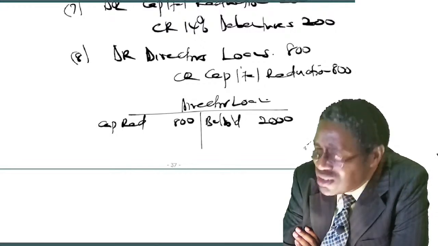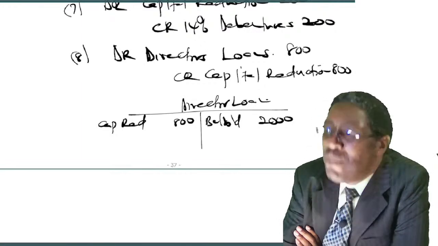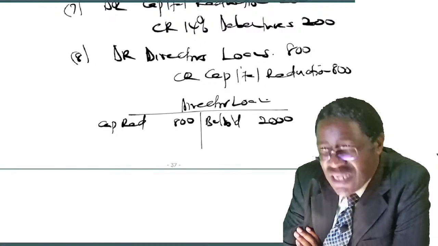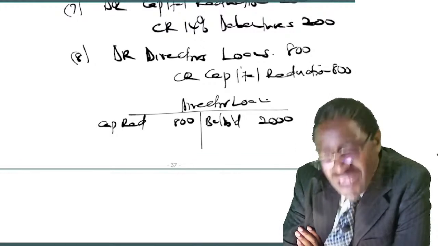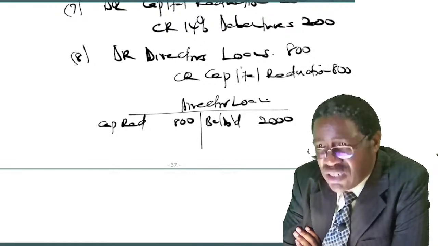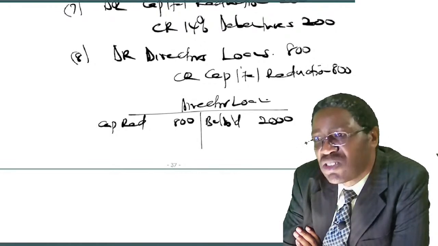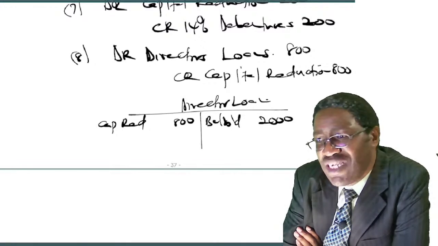But they are saying the balance is to be settled by issue of 200,000 shares of shillings 2.5.